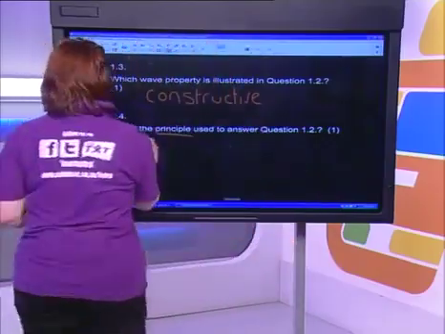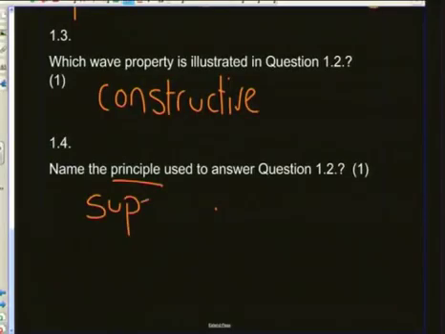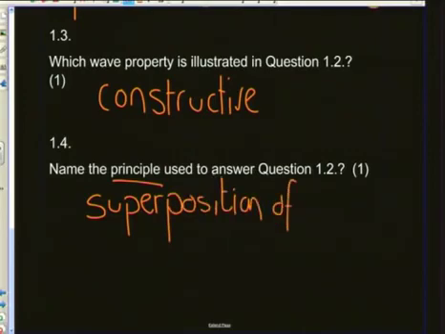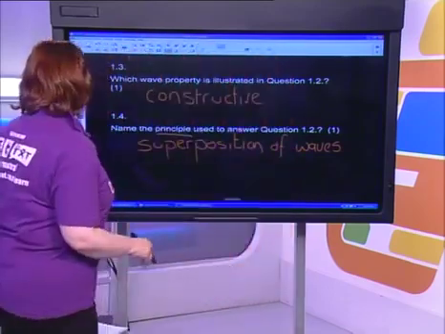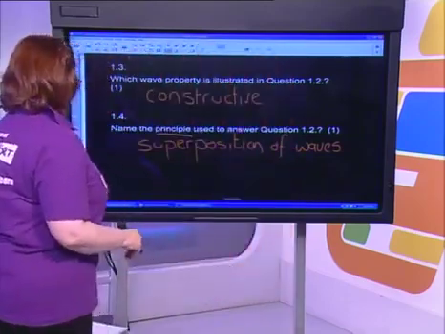What theory did we use? And the principle here is the superposition of waves. That's the nice fancy term for interference of waves. That's what it is. Okay, next question.